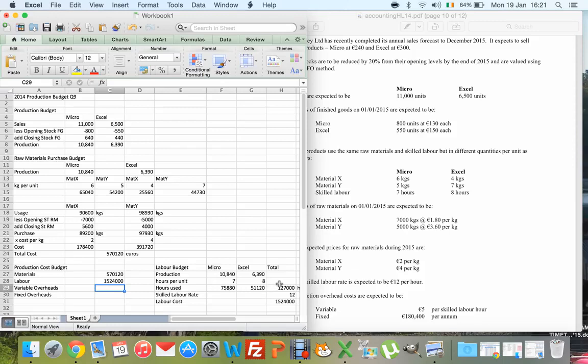So here's the total number of labor hours, 127,000. So multiply that by 5. So variable overheads is going to be 127 times 5. Fixed overheads, it says 180,400. So there's no change in that. Just put that figure straight in there, and that will give me a total cost.